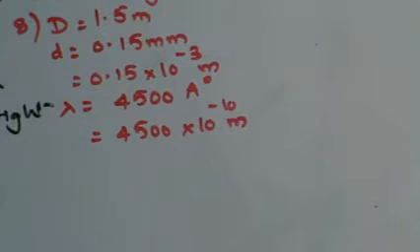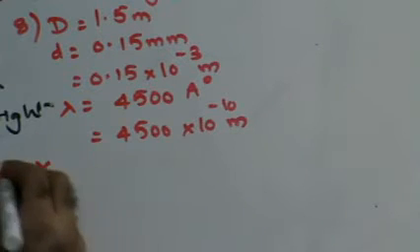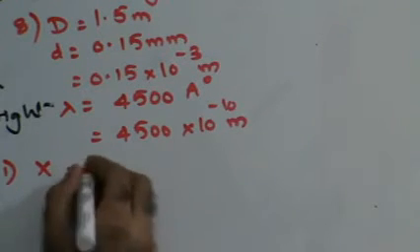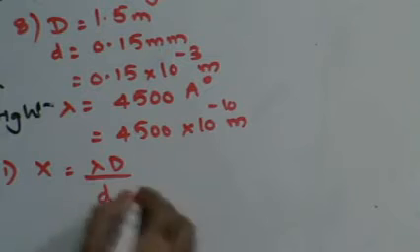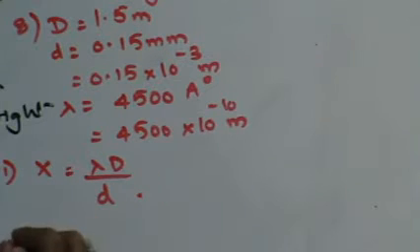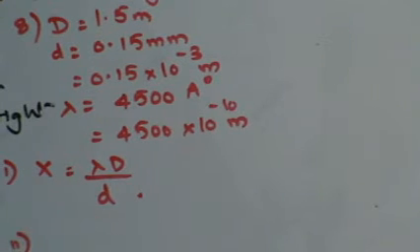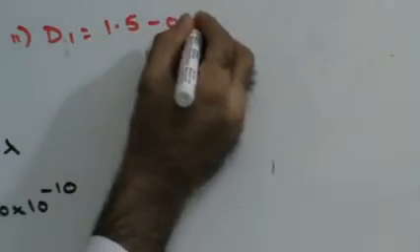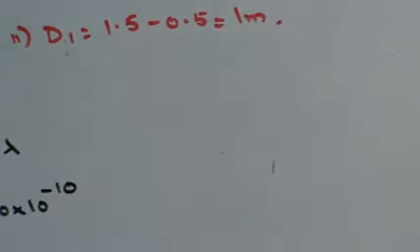Replica of the previous sum. First thing I'll find out fringe width, first part of the question. Fringe width is nothing but lambda D by d, straightforward. Second part of the question. The screen is brought towards the slit. Now since the screen is brought towards the slit by 50 centimeters, that means now the value of D will be 1.5 minus 0.5. Now the value of D will become 1 meter, right?